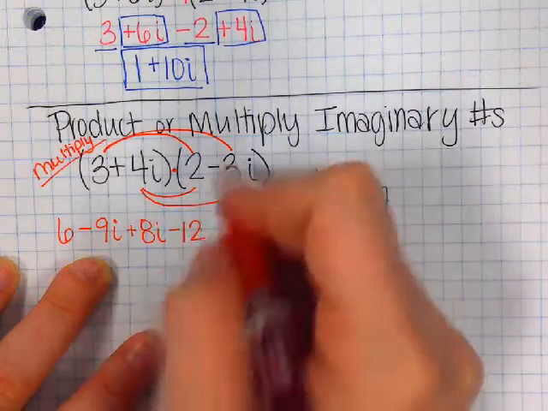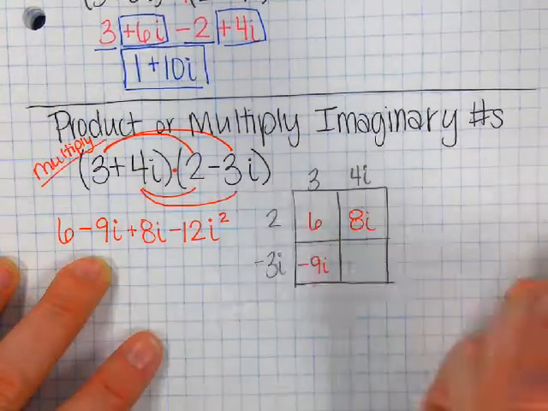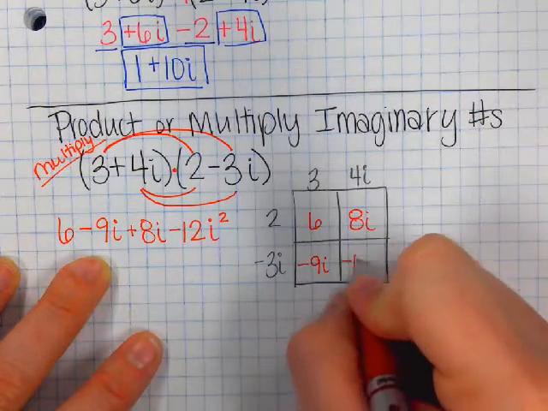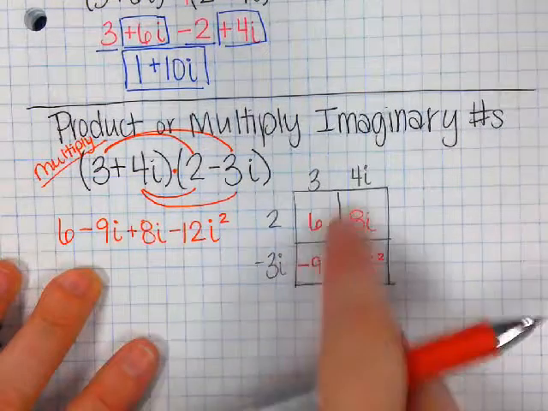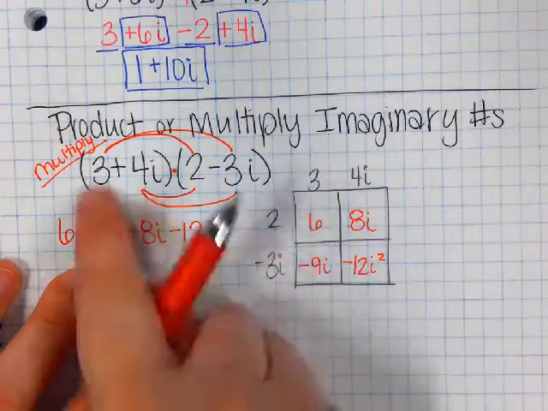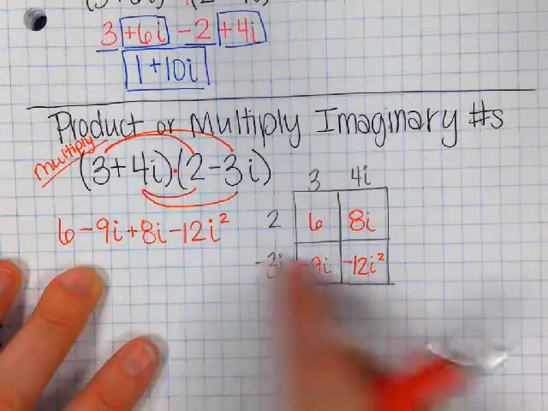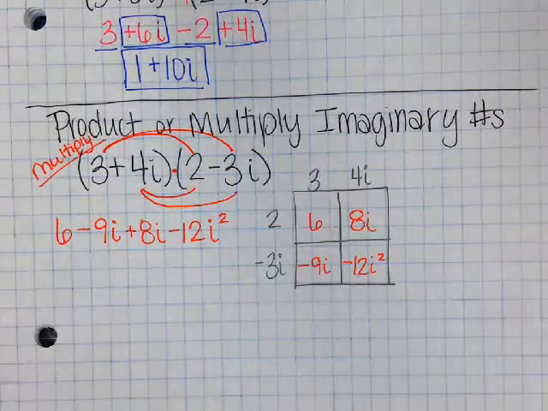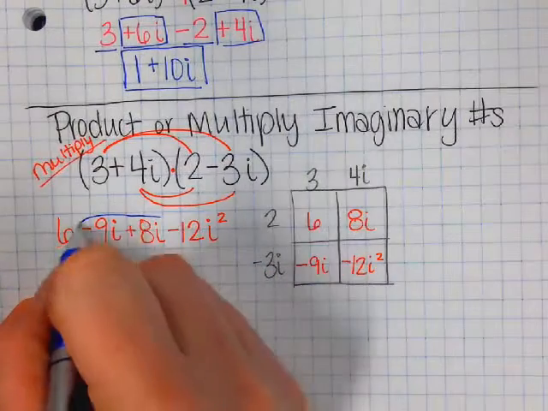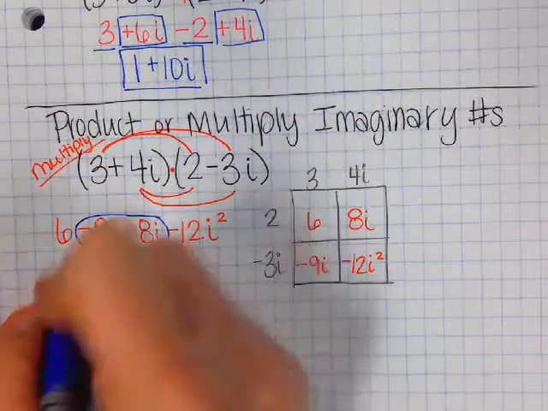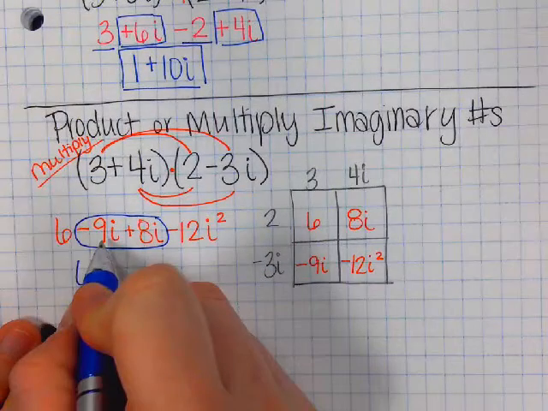So 4 times negative 3. I forgot to write this one, sorry. 4 times negative 3 would be negative 12. i times i is i squared. So it'd be negative 12i squared. I just did them in the same steps so that you could see whether you use this or you use the box, it gives you the same thing. Okay, combine like terms.